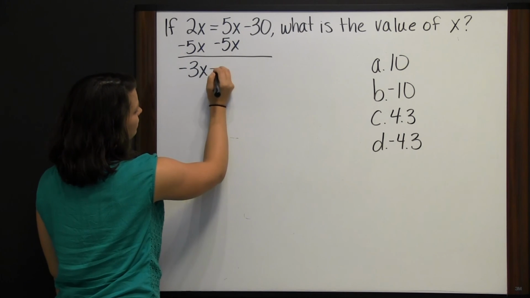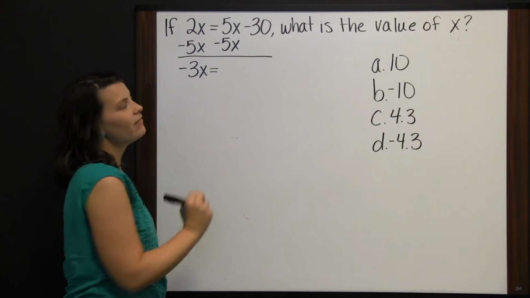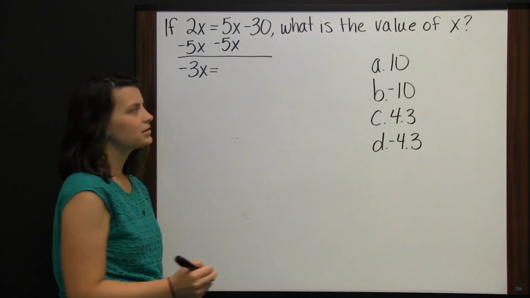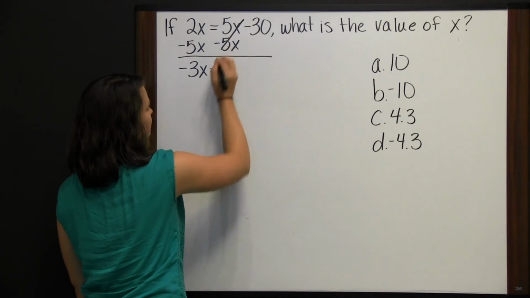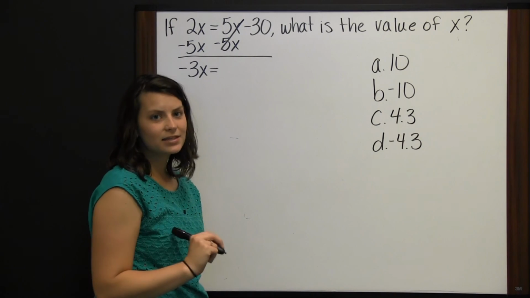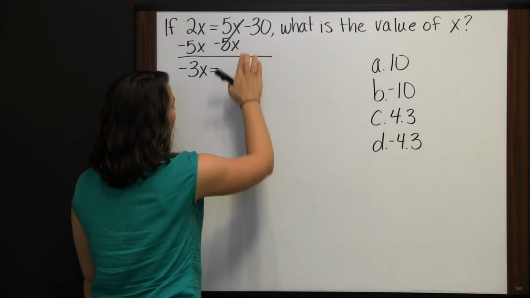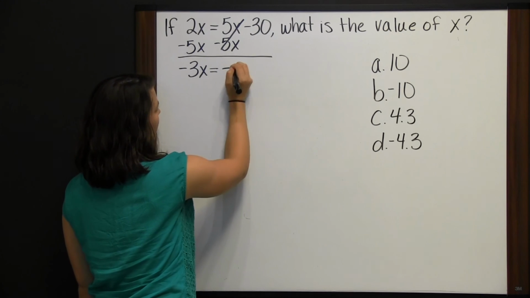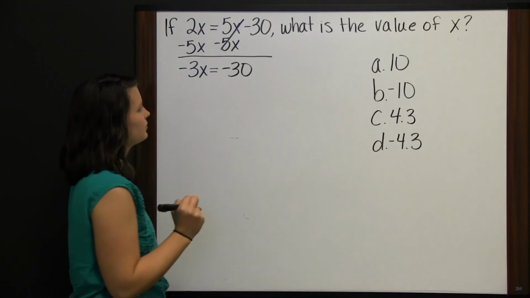We bring down our equal sign. 5x minus 5x is 0 because those are additive inverses, so we've canceled that out. And what we have left on the right side is negative 30.